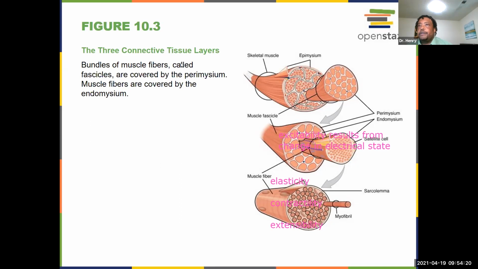So here is your skeletal muscle. We're going to have this very first bundle of muscle fibers, and they're going to be called the fascicles. These are going to be covered by the perimysium.